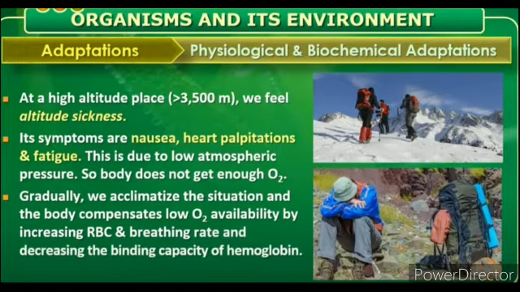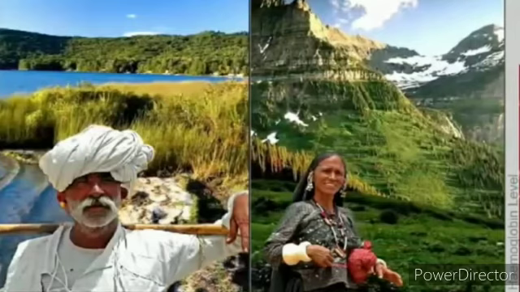The body compensates for low oxygen availability by increasing red blood cell production, decreasing the binding affinity of hemoglobin, and by increasing breathing rate. Many tribes living in the high altitudes of the Himalayas have higher red blood cell counts and total hemoglobin than people living in the plains.